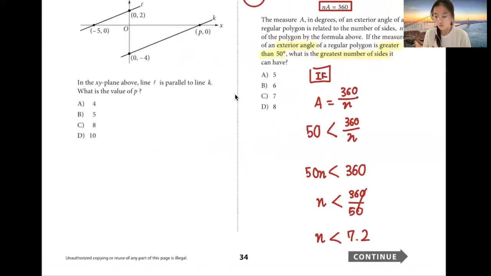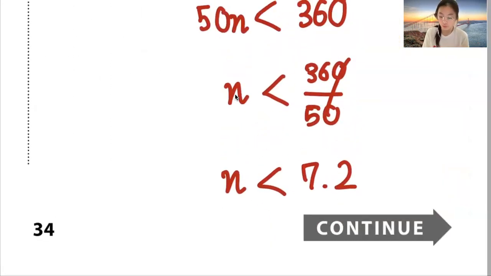And it's asking for the greatest number of sides it can have. So it must be the closest to 7.2, but it can't be equal to 7.2. Of course, it needs to be less than 7.2, because this inequality shows that n needs to be less than 7.2, and that 7.2 is bigger than n.